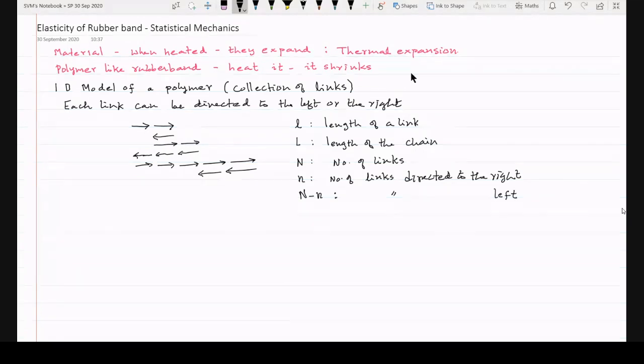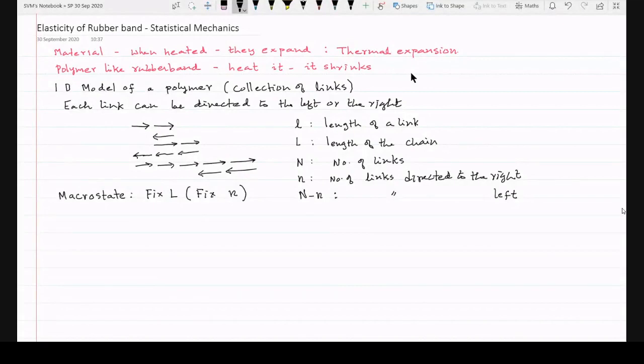Now we can define a macro state of the system. The macro state of the system can be defined by fixing this capital L. Equivalently, you can do that by fixing this small n. Capital N is anyway fixed, the total number of links is fixed.